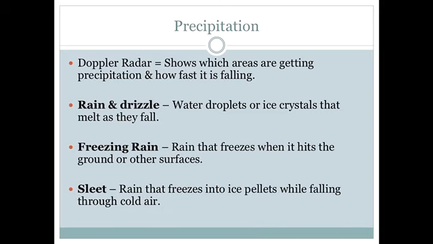Now, the following are different types of precipitation. Rain and drizzle is one. This is where water droplets or ice crystals melt as they fall. So as these water droplets are falling through the atmosphere, they are melting. Freezing rain is rain that freezes when it hits the ground or other surfaces.